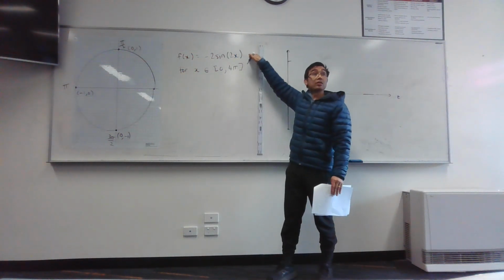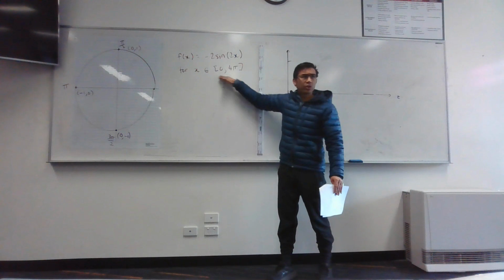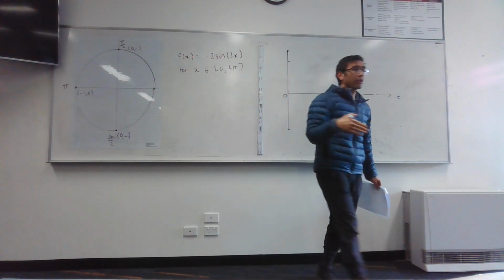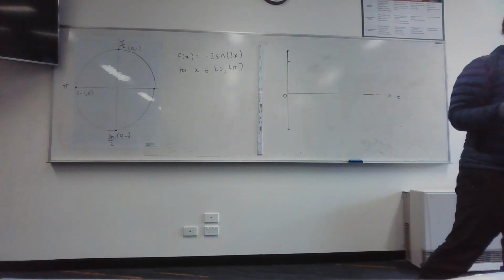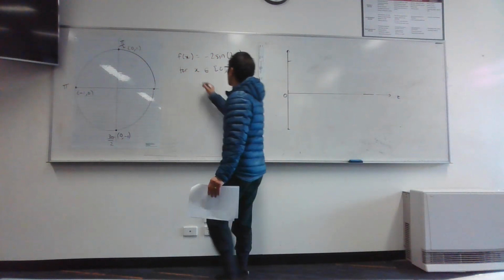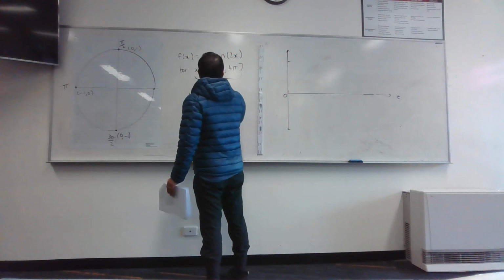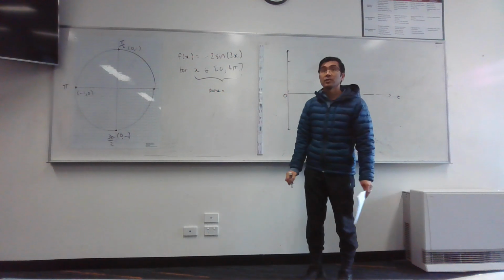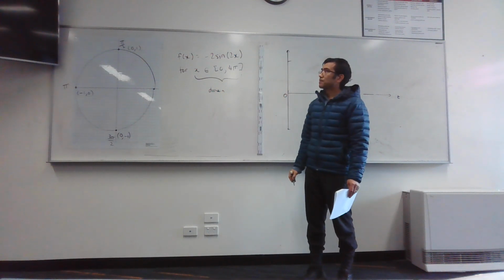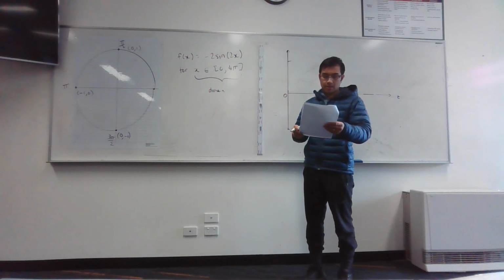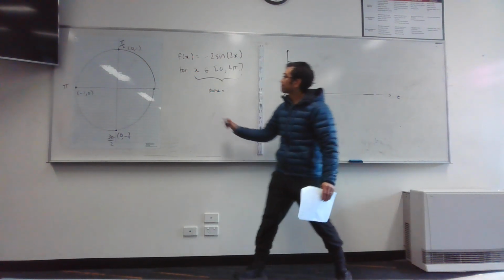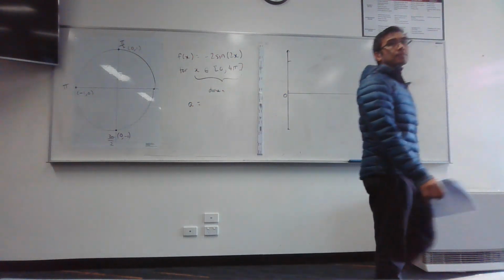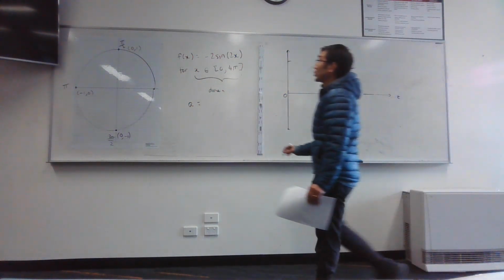We have our equation here. Does anyone know what this is referring to? X is an element from 0 to 4 pi. It's domain. Good, Tim. This is the domain. Now, what's my amplitude here? It's a 2.